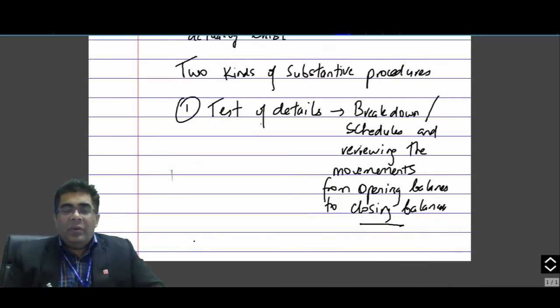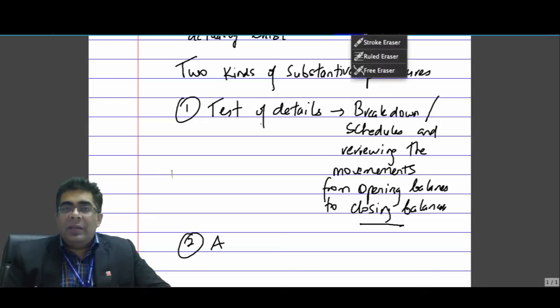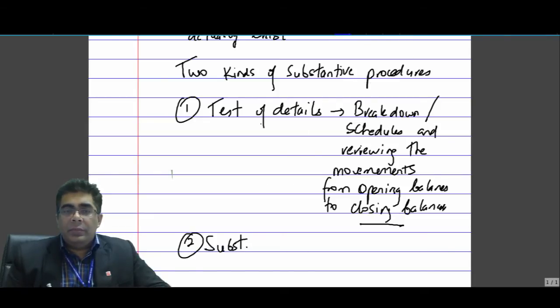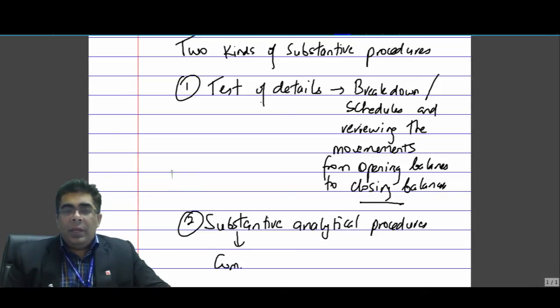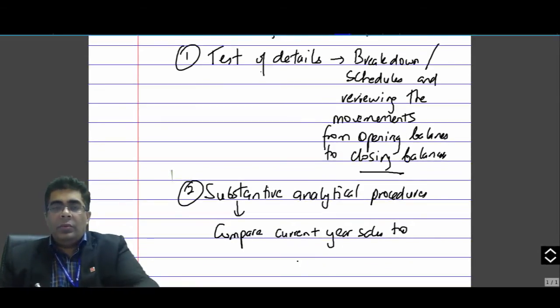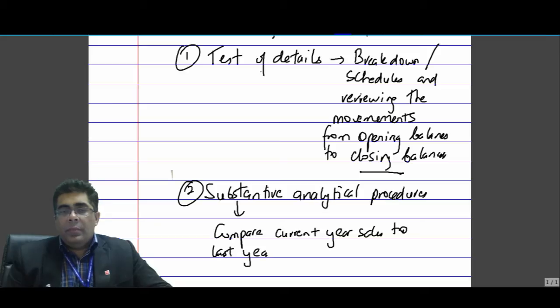And then we have also learned before about the substantive analytical procedure, which is basically saying compare current year sales, for example, to last year and investigate any significant fluctuations.